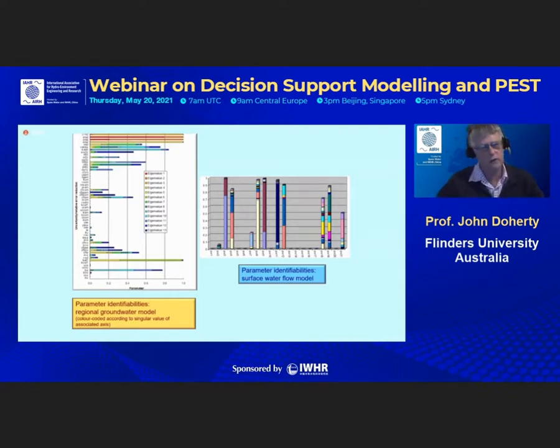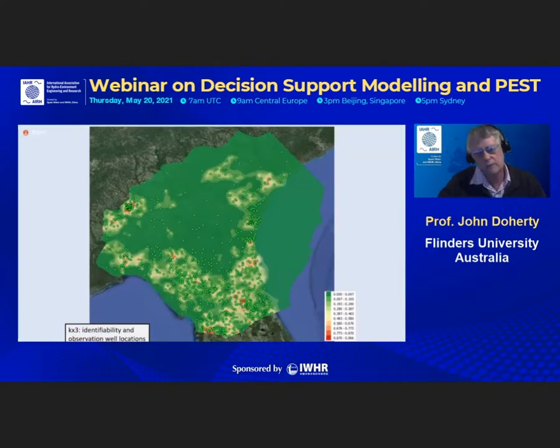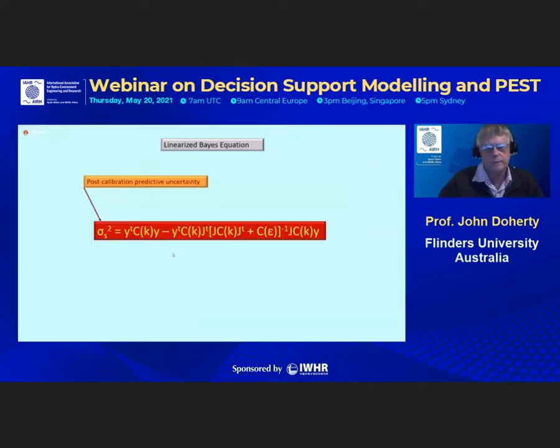So we can graph identifiability, we can map identifiability. We can show that where there's more data, the identifiability of the parameters is greater. And this can be instructive. Again, what's decision support modelling all about? Flow of information. Identifiability gives us some insights into the flow of information.